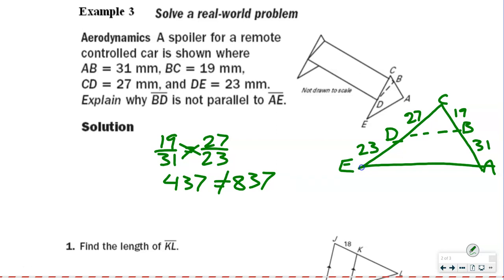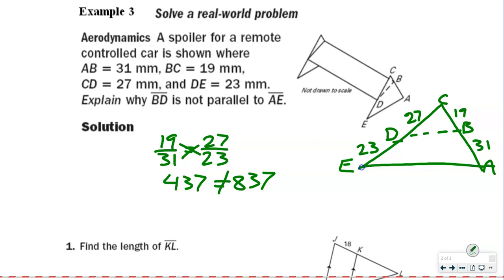If we tried simplifying 19 and 31, they don't even simplify. That's as simplified as that fraction gets. 27 over 23 can't simplify either. So really, they're already simplified as they are, and if they're not the same, and they're in their simplified form, they can't be equal. But this cross-multiplying is another way we can determine that also.